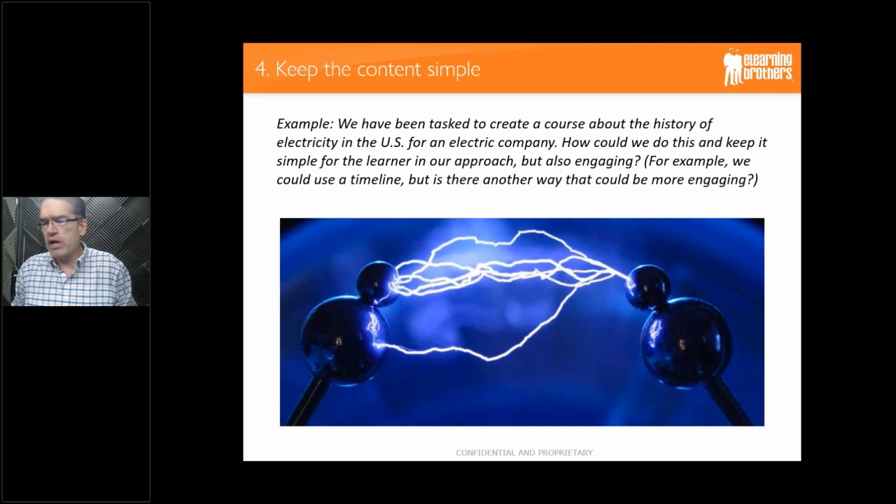We could go through a timeline, have them click on different dates and different things, and that would be a little bit unique, but is there another way that we could make this more engaging? It's the history of electricity in the United States for an electricity company. Any ideas of an approach that we could take that would make it more engaging than just having a timeline?